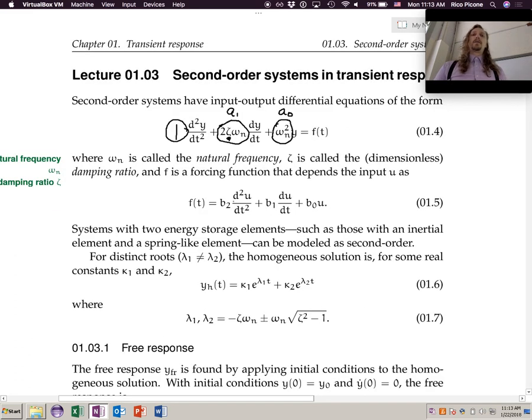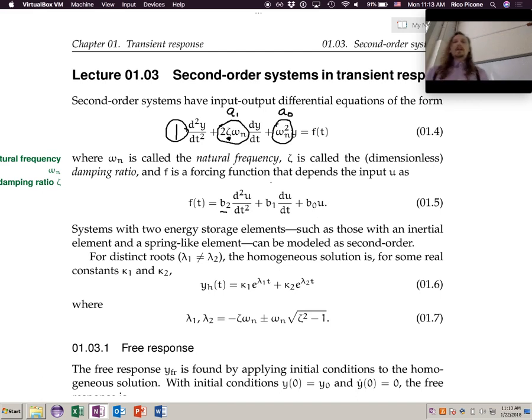The forcing function in general for an input u is of the form of equation 1.5, where we have coefficients and time derivatives up to second order of u, although oftentimes the terms b2 and b1 end up being 0. But it's good to keep in mind that in general they can be up to a second order derivative of the input.